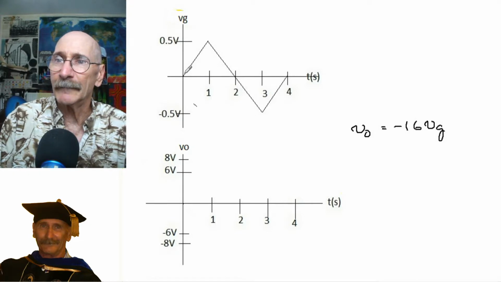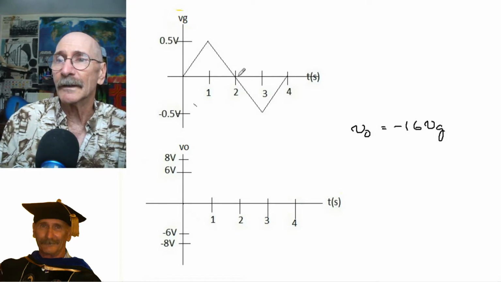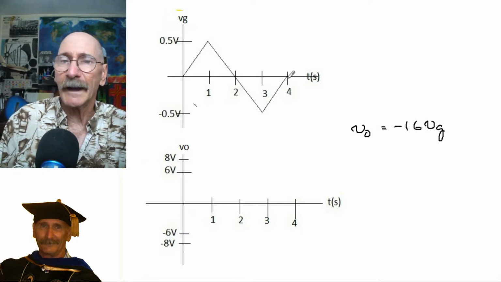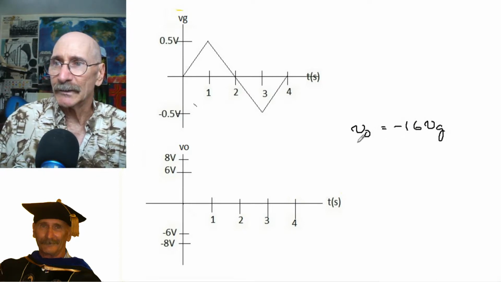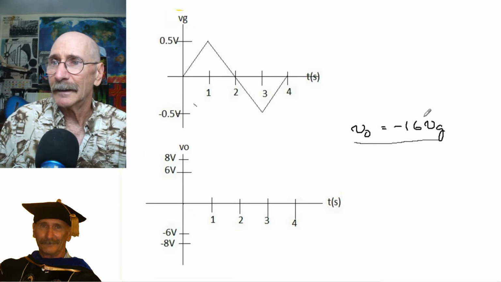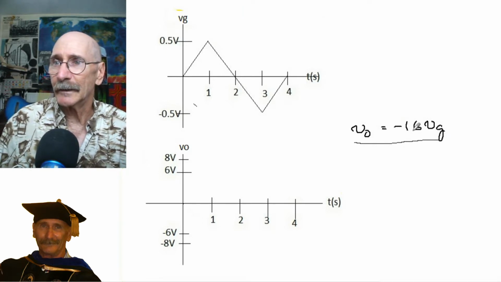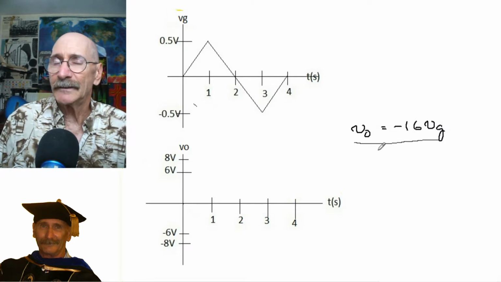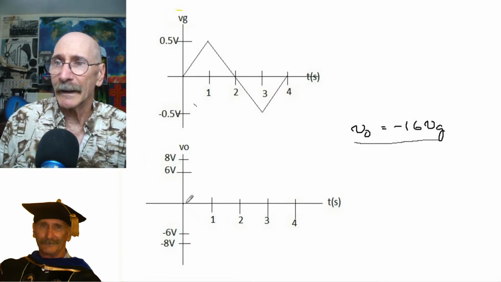Here we have the waveform for Vg. It starts at 0, goes to plus 0.5 volts, down to 0, down to minus 0.5 volts, back up to 0. It's a simple matter of plugging the numbers into this formula, minus 16 Vg, and the minus indicates this is an inverting circuit. Whatever you put into it comes out the negative of that.